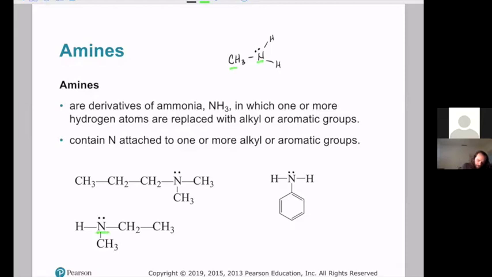However, this is also an amine where the nitrogen is bound to two other carbons. This is also an amine where the nitrogen is bound to three other carbons. So any one of those three bonds that nitrogen makes can be a carbon, and that would classify that as an amine. It could also be this benzene ring, which will have its own special name. We'll get to that here in a second, but that would also be considered an amine.